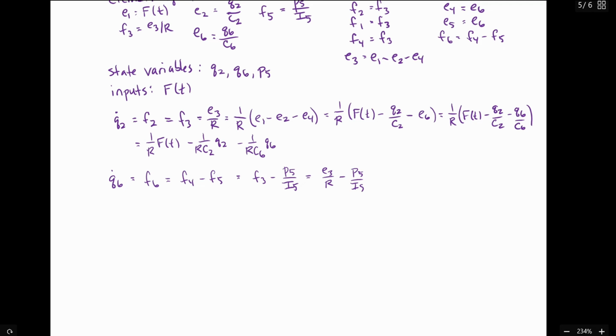Now at this point, we can save ourselves some work by noticing that we already solved for E3 divided by R. It's equal to the right-hand side of Q2 dot, so we can short circuit the rest of our substitutions, copy the value of E3 divided by R that we found already, and then add in our last term, our minus P5 divided by I5.